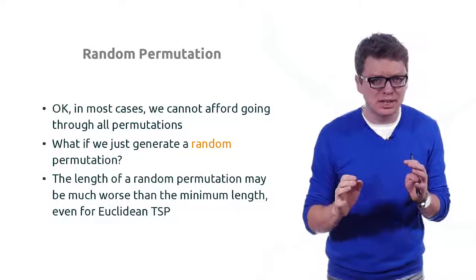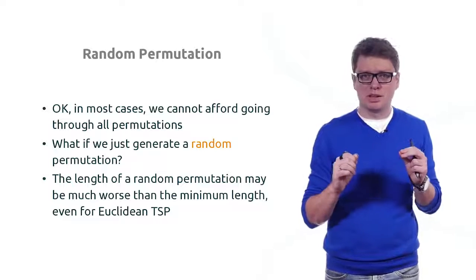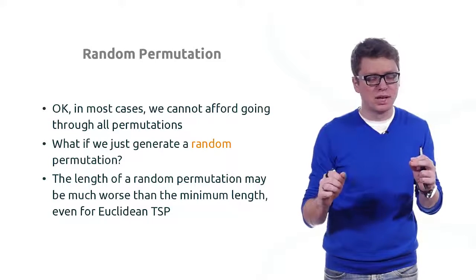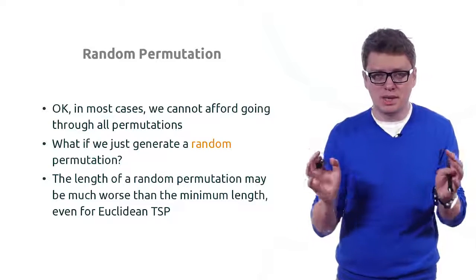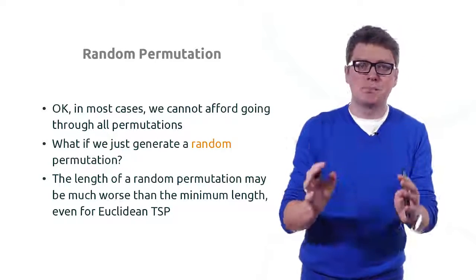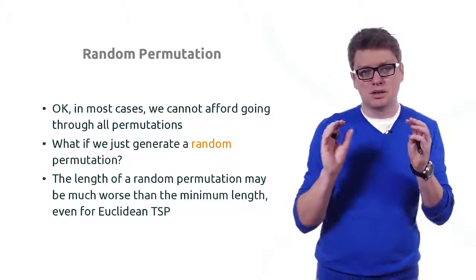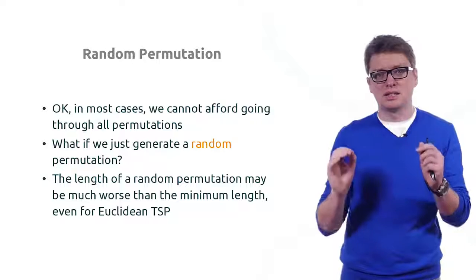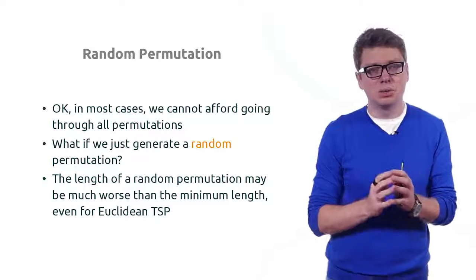Unfortunately, it turns out that the length of a random permutation may be much worse than the length of the best permutation, even if we consider a special case of Euclidean TSP. As I mentioned already, in case of Euclidean TSP, sometimes solving such instances is easier, in particular because they satisfy the triangle inequality.